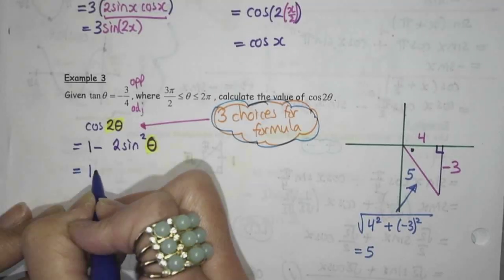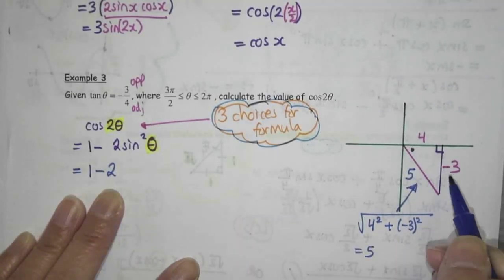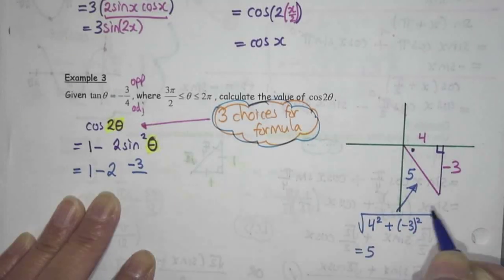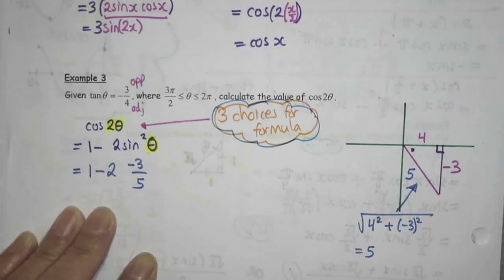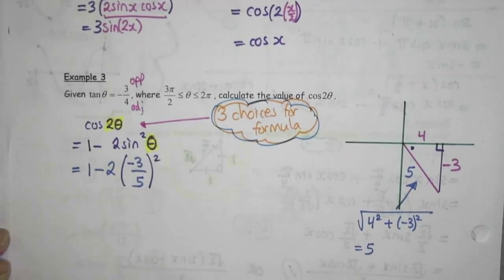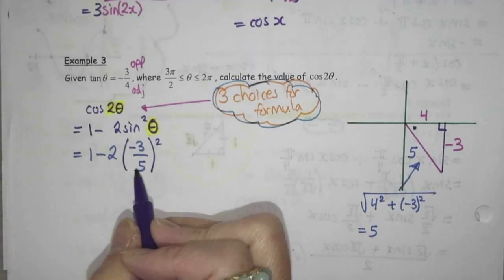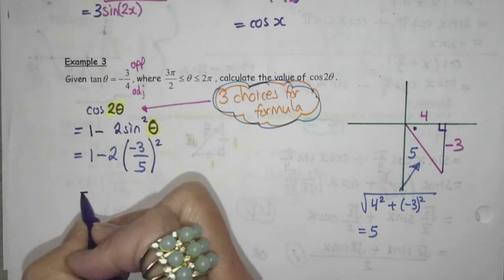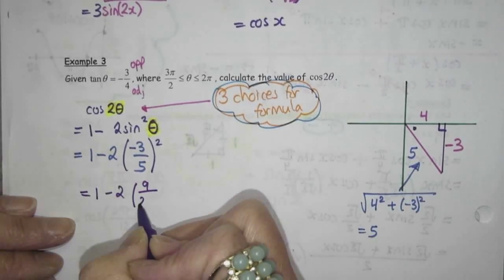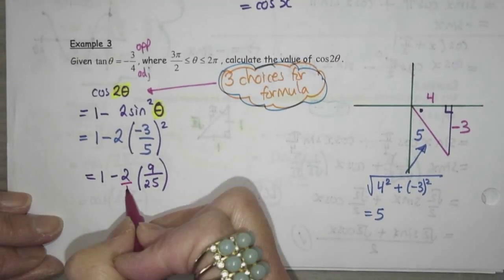So this would be 1 minus 2 times sine, which is from this angle, opposite over hypotenuse, so negative 3 over 5. And remember, it's all squared, the ratio all squared. So that's this line here. Keep going. 1 minus 2, this becomes 9 over 25. Now it's just fraction work.